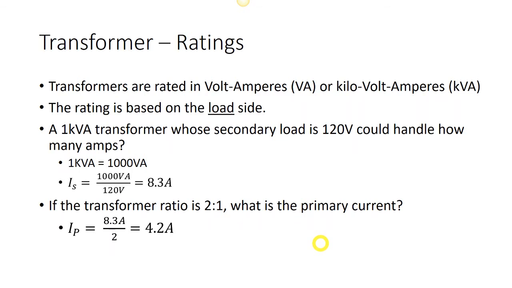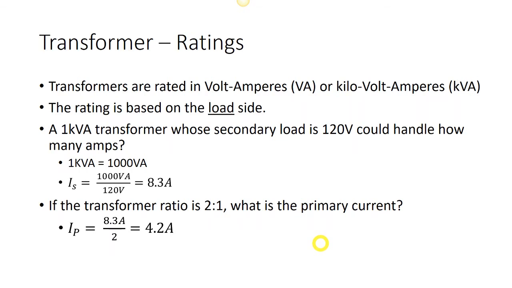Now with losses, we're going to have just a little bit higher rating on the primary side, and we'll get into transformer losses in a future slide here. But on the load side, if I have a 500 volt ampere transformer, that's 500 volt amperes that I can put on the load side. Okay, that's probably going to be a test question.